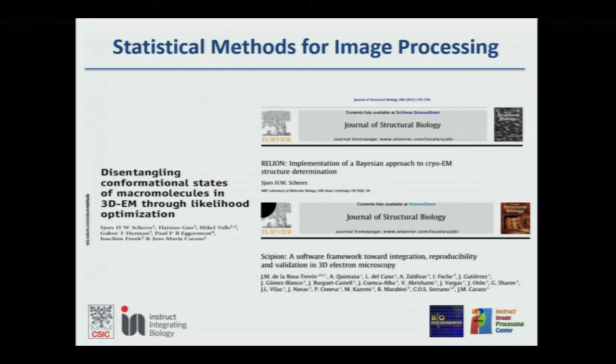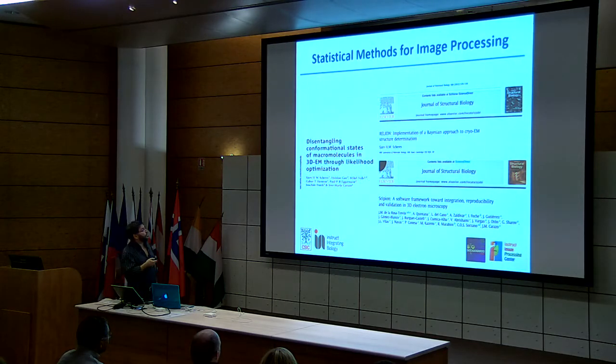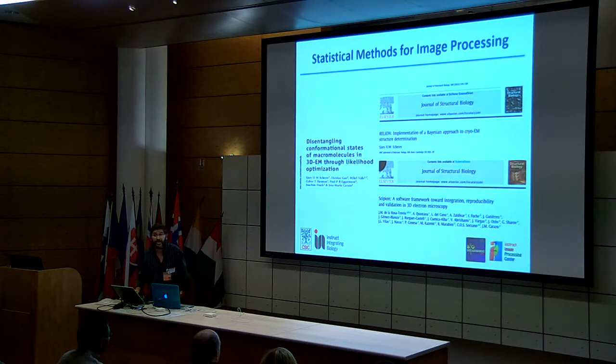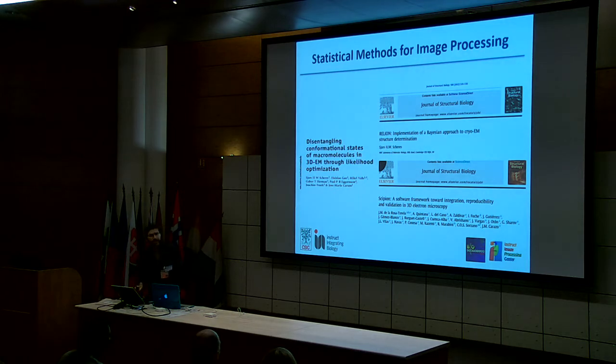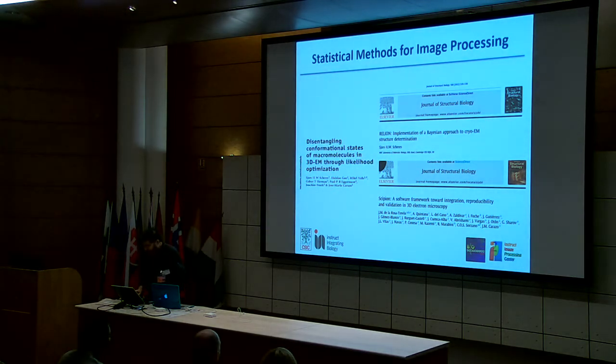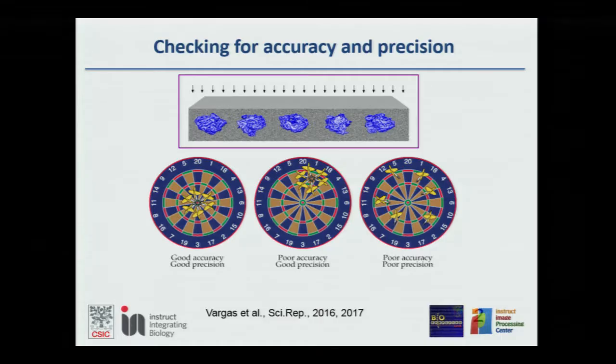It was the first time that we used a statistical method in image processing for the alignment and also for the sorting. And this later on in Sjors's lab resulted in RELION, which is really a standard at this moment. But the whole idea was, how do we escape these local minima? How do we make another landscape of solutions?